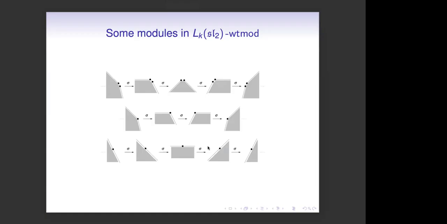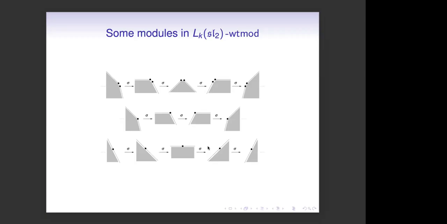And actually, David drew this diagram 12 years ago. The top line in the middle indicates the Weyl module, or the simple quotient of the Weyl module corresponding to the two-dimensional representation. And here you see, if you twist it by spectral flow or its inverse, you get an object in the category O plus or minus. But if you twist it twice, this indicates it's not lower bounded.